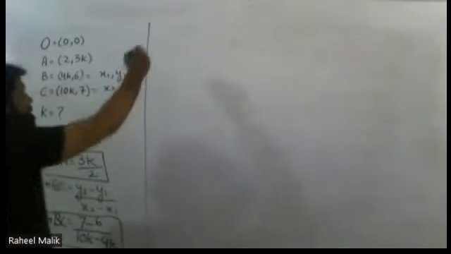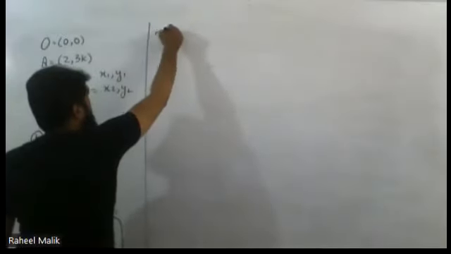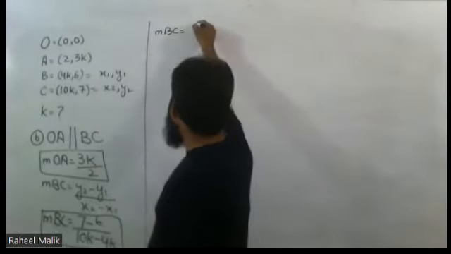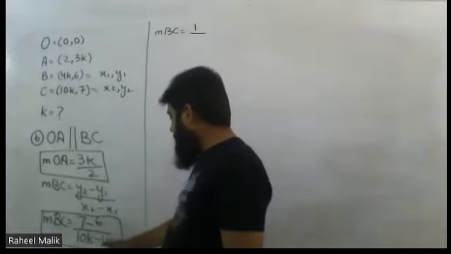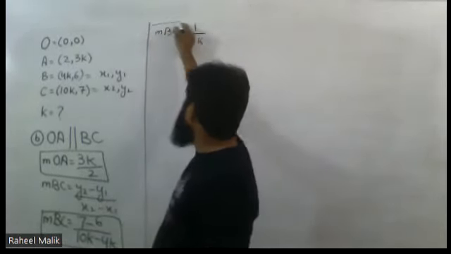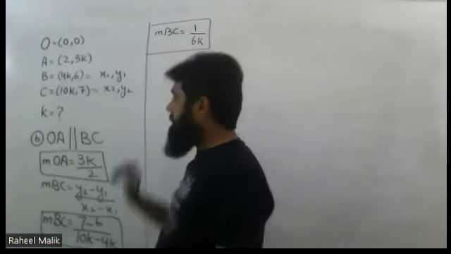Okay, I am writing it in the simplified form over here. Gradient of BC: 7 minus 6, the result is going to be 1, and 10k minus 4k, the result is going to be 6k. That's the gradient of BC.